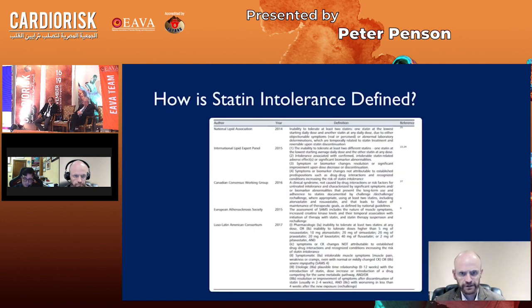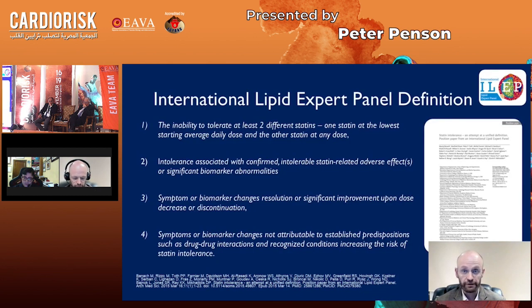How is statin intolerance defined? Numerous organisations, the NLA, the Canadian Consensus Group, the EAS, and others have produced definitions, but I'd like to focus briefly on the definition of the International Lipid Expert Panel, which defines statin intolerance as the inability to tolerate at least two different statins, at least one starting at the lowest average daily dose.